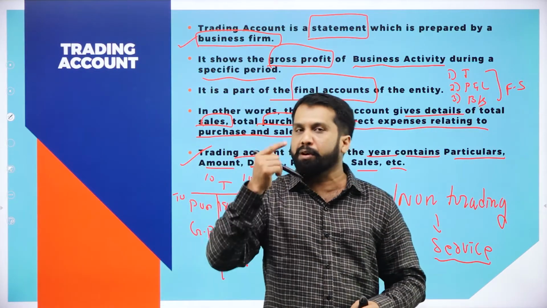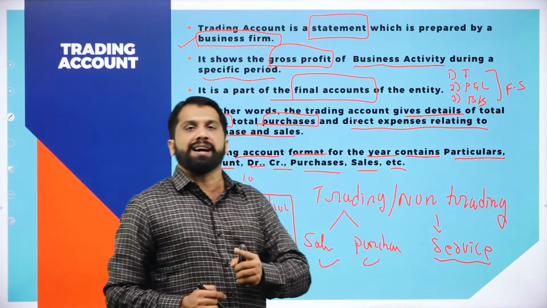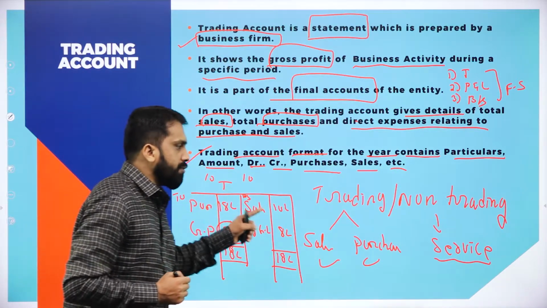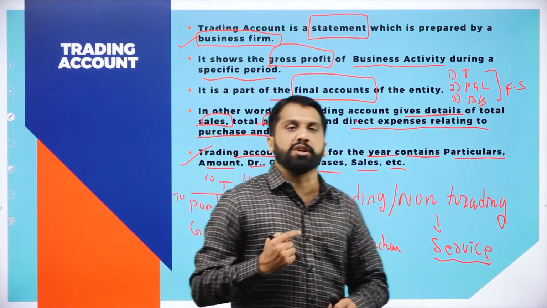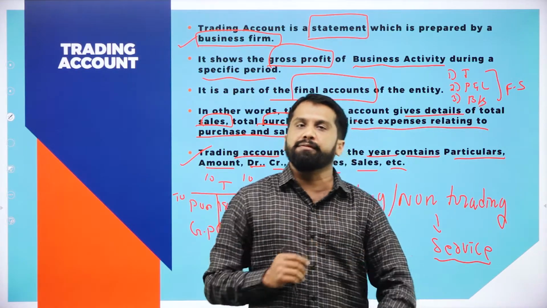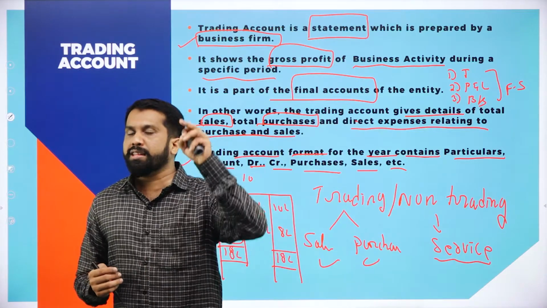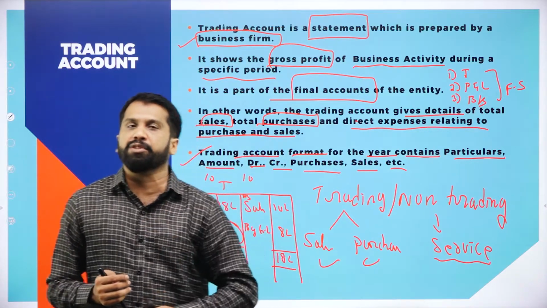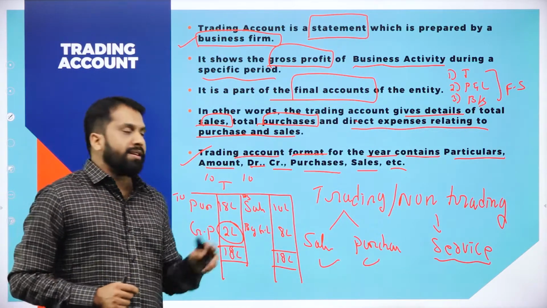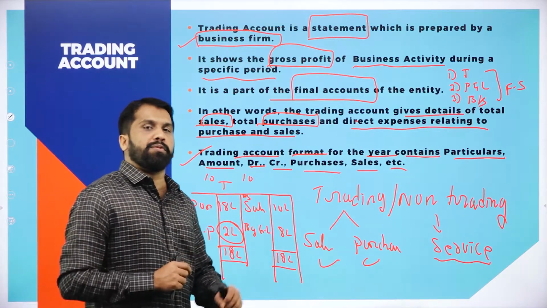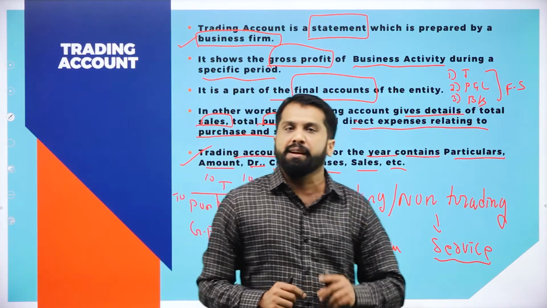We already did problems on trading account in your financial statement 1. My suggestion, before you watch this financial statement 2, please go back to financial statement 1 so that you will get all the basic fundas. This financial statement 2 will be dead easy if you watched financial statement 1.